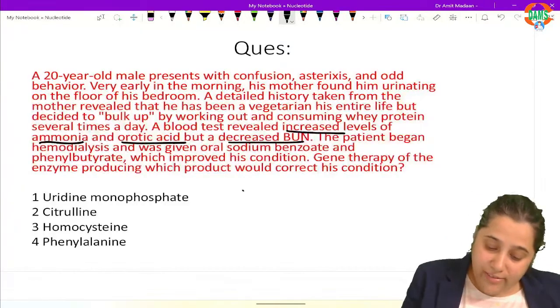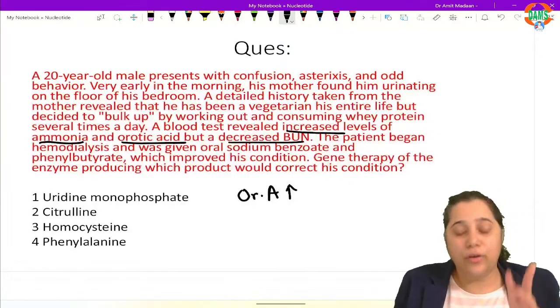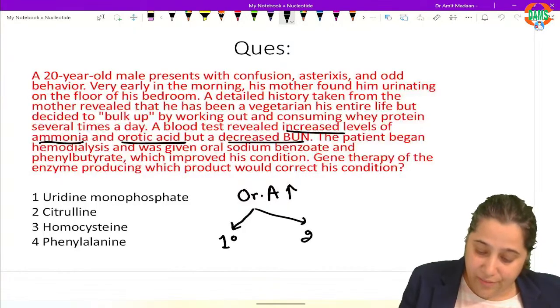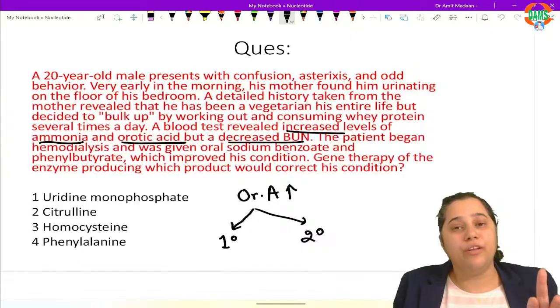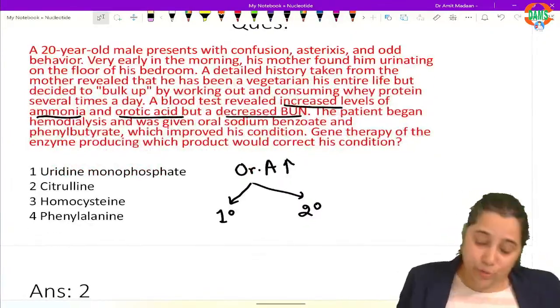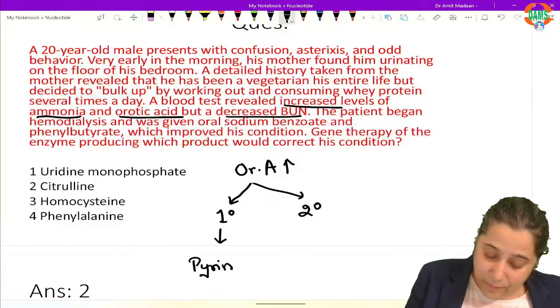Is it orotic aciduria? Yes. What are the two causes of high orotic acid? Either it is primary or it is secondary. How am I going to differentiate primary and secondary? Primary orotic aciduria is a defect of pyrimidine biosynthesis.